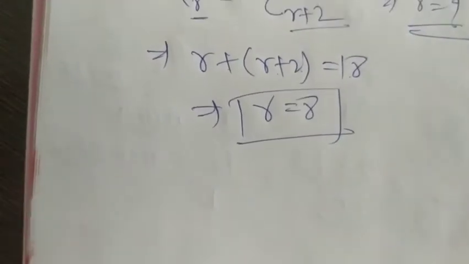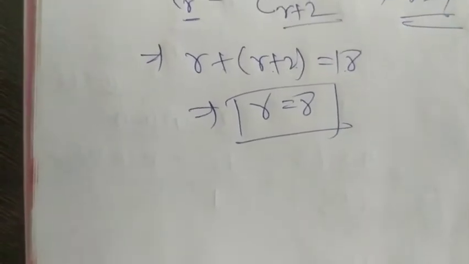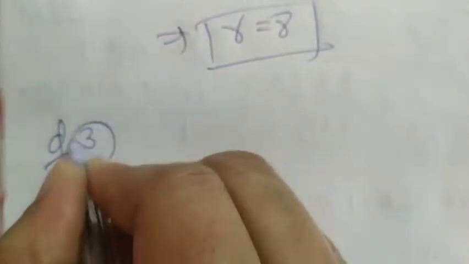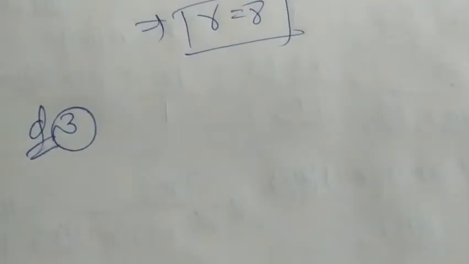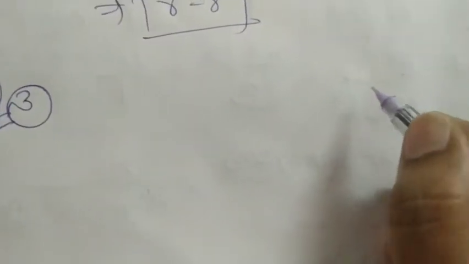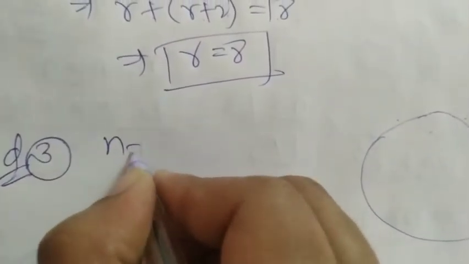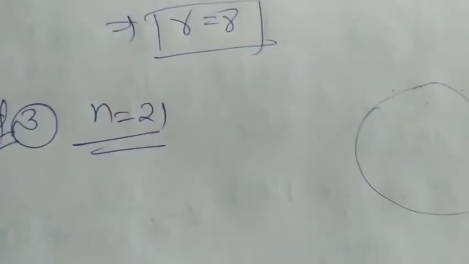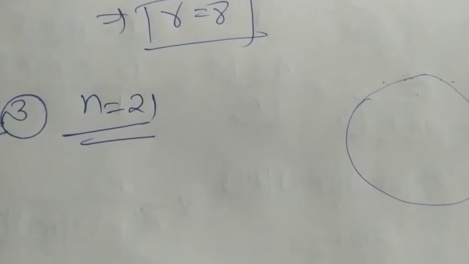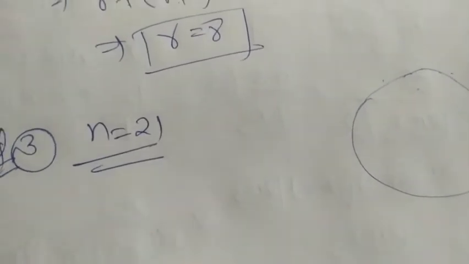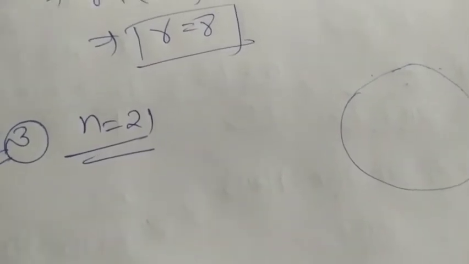Now there is a question in your book, question number 3: how many chords can be drawn through 21 points on a circle? It means on a circle I have 21 points in total. We are asked how many chords you can draw. For drawing any chord, how many points do we require?